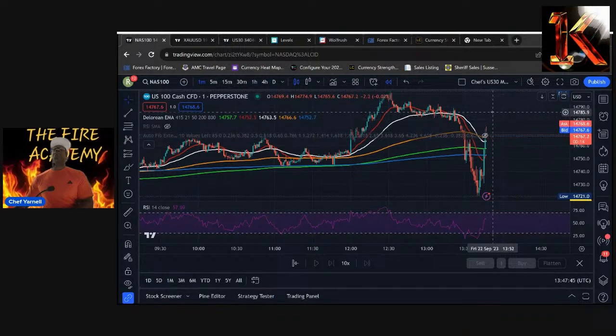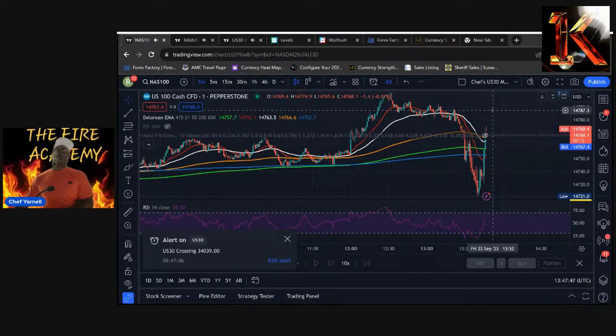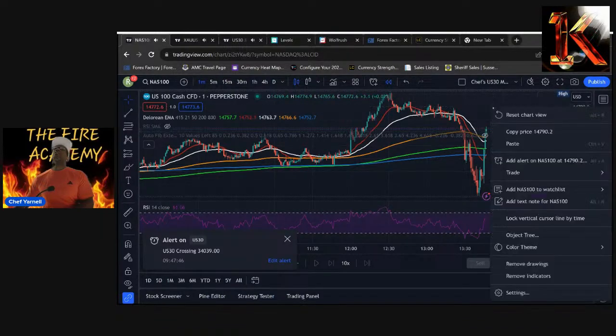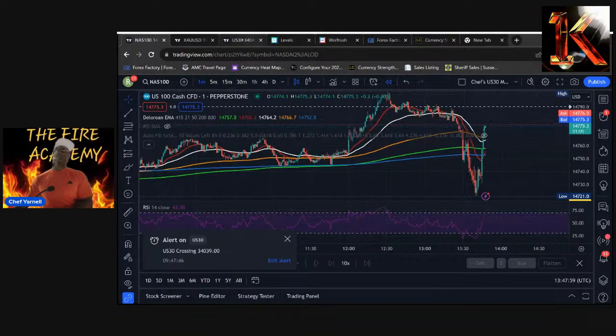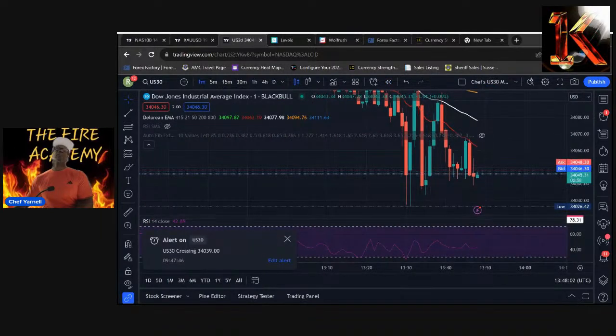That's going to be right. All right, that's the US 30 cross. I'm guessing that's that buy. That's the only other one I marked, I think. Oh no, okay, that was the sale.